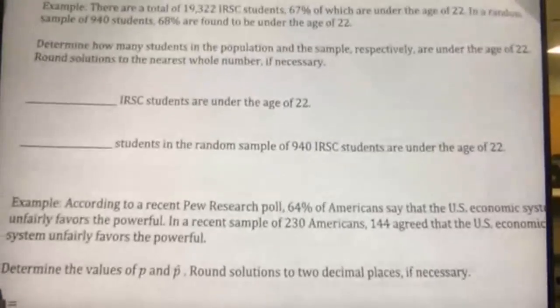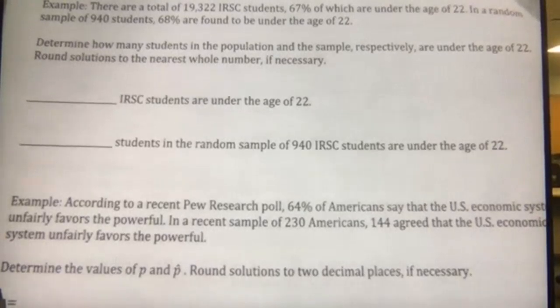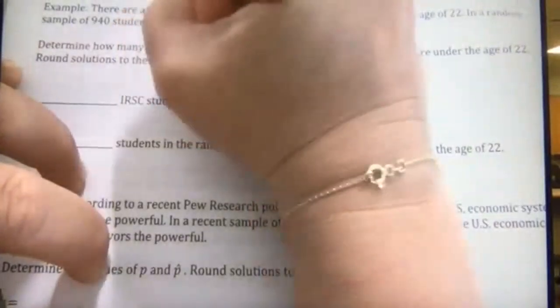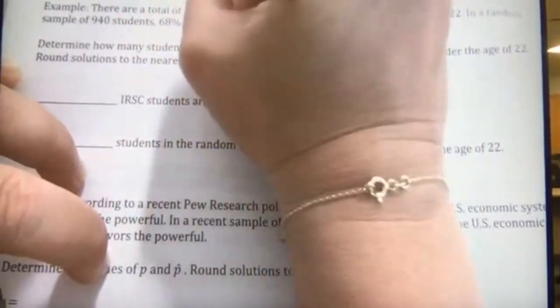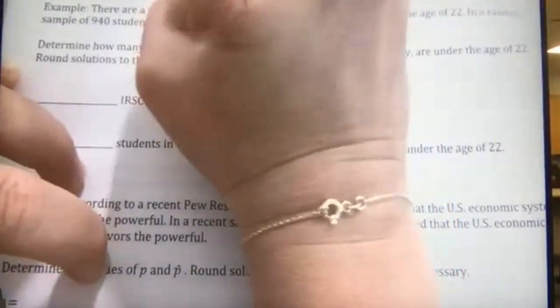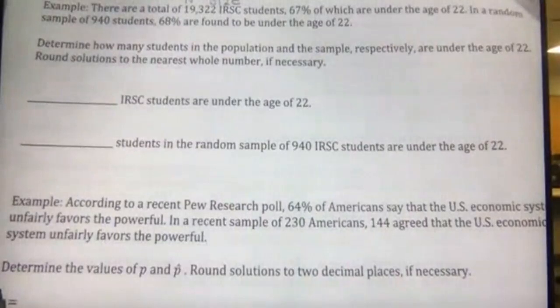So it says, if there are a total of 19,322 IRSC students, so in total, that's going to be our population size, capital N. 67% of which are under the age of 22.